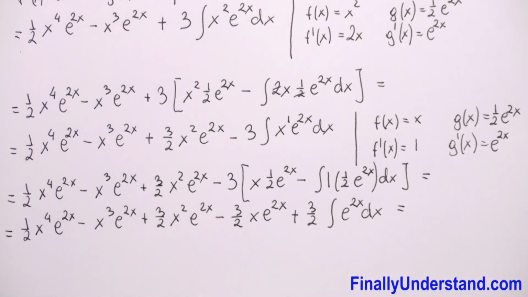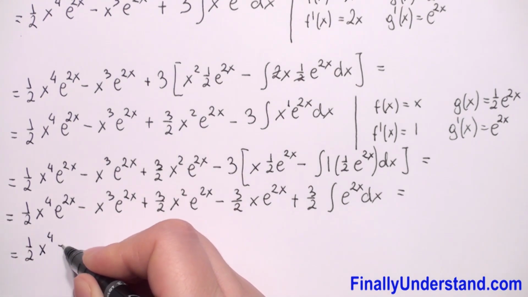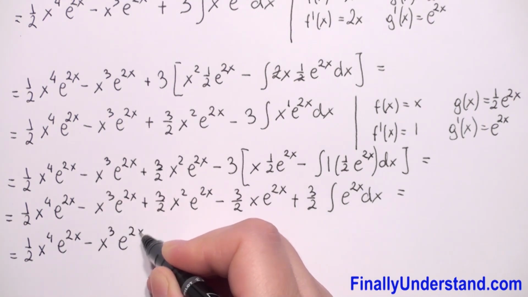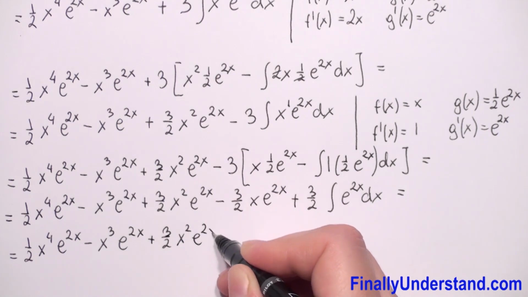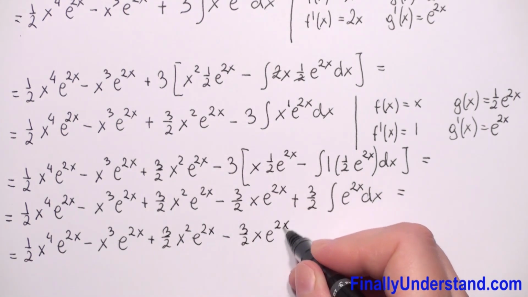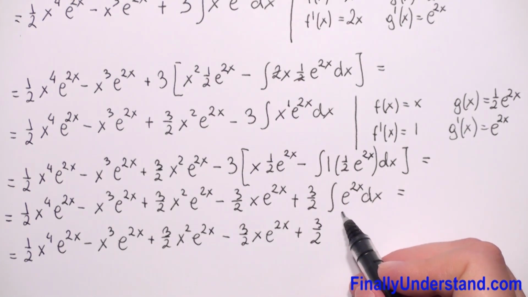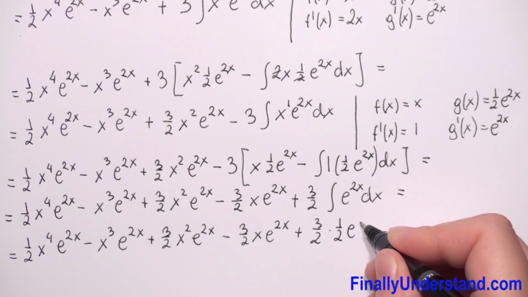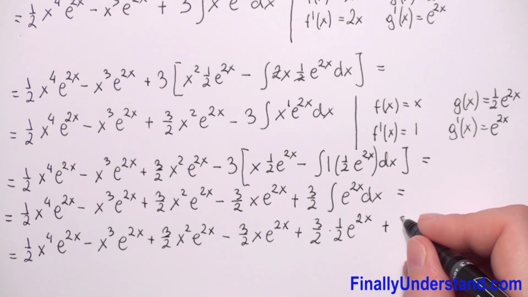This is equal. We have 1/2 x to 4th power e to power 2x minus x cube e to power 2x plus 3 over 2 x squared e to power 2x minus 3 over 2 x e to power 2x plus we have 3 over 2, and the integral of e to power 2x is 1/2 e to power 2x. Of course, we need to add the constant c.